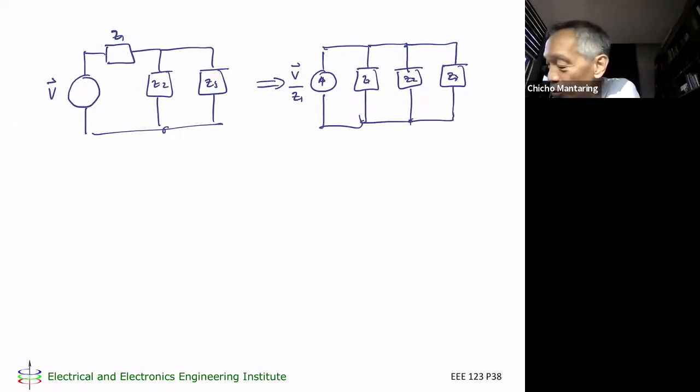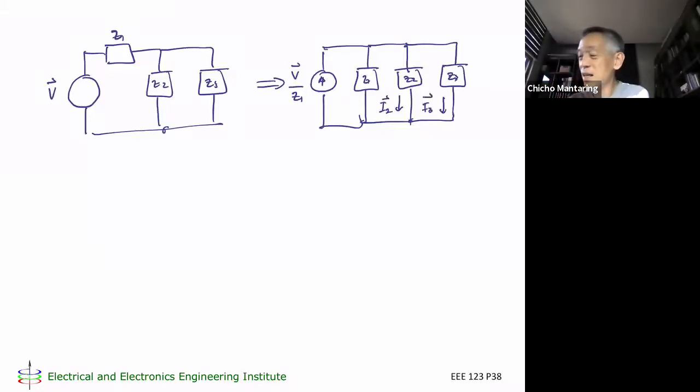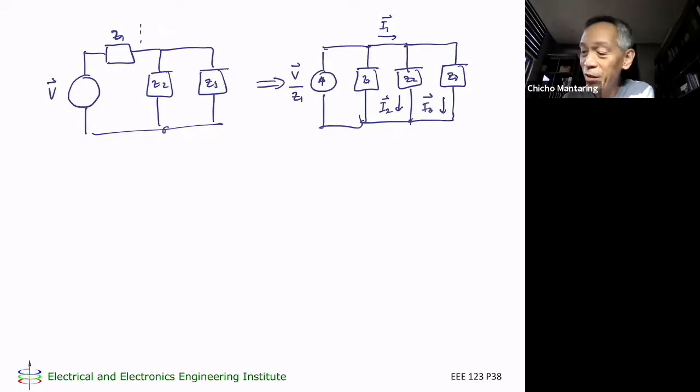Okay? This is I2. This is I3. Saan ang I1 dyan? Andito yung I1. Okay? Kasi dito tayo nag-convert eh, no? Dito tayo nag-convert, so dito yon, no?